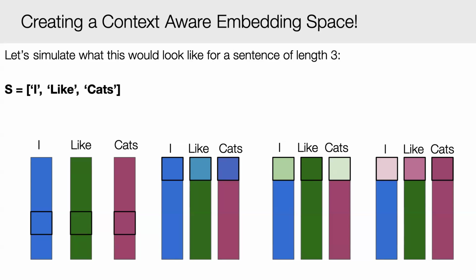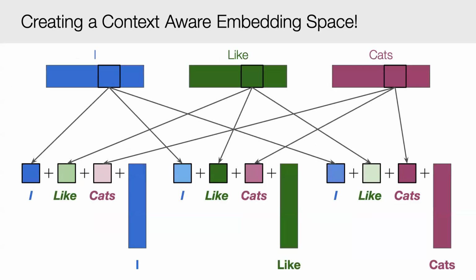But what if we take a perspective more focused on the destination? For each of the embeddings, what from the other embeddings will be added to that embedding?